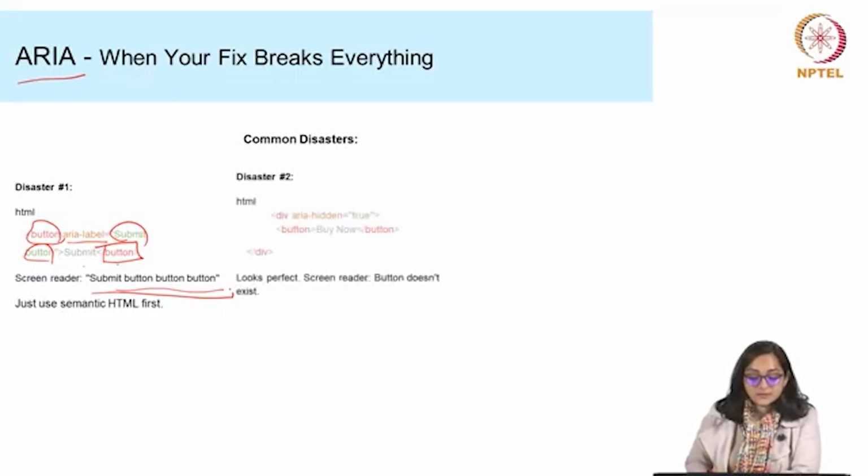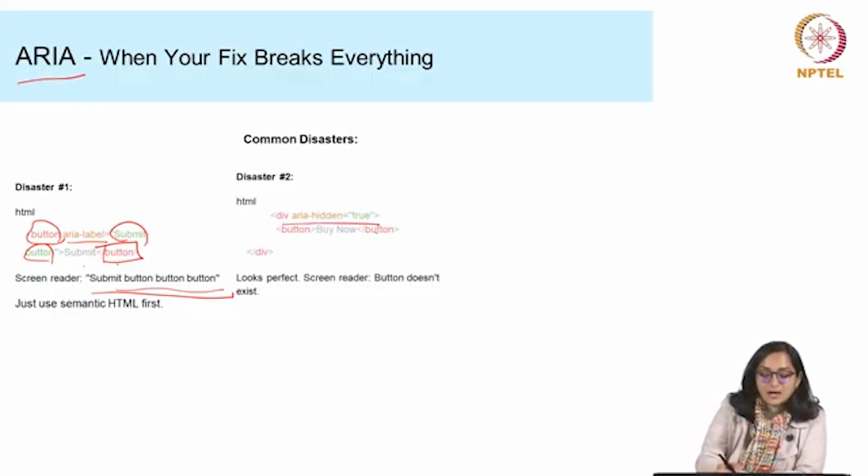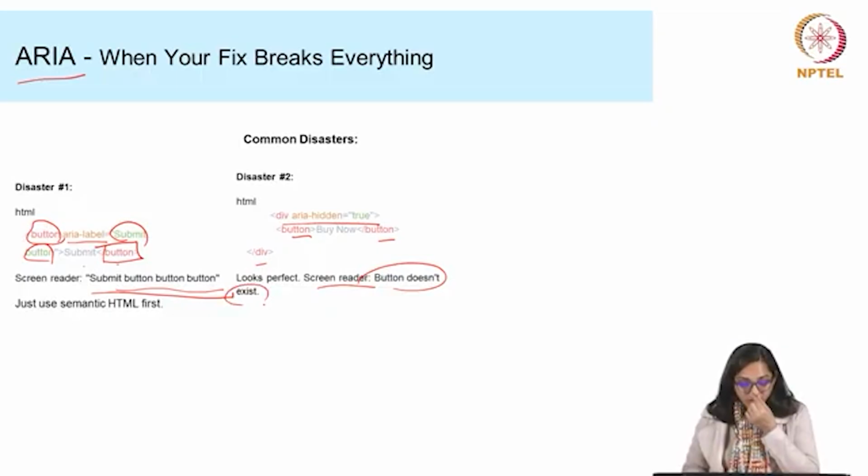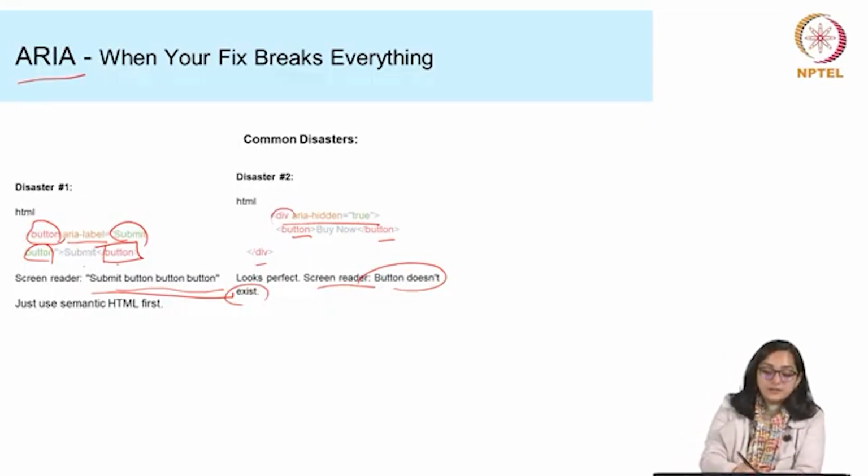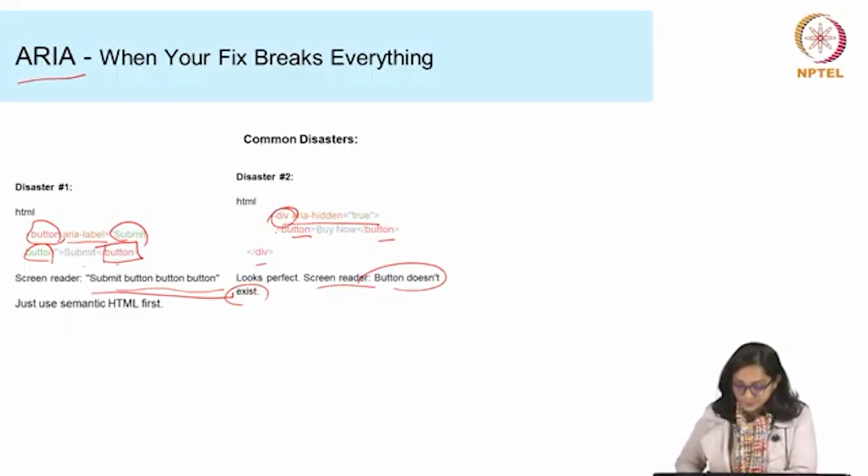The other disaster can be aria-hidden true on a button. Then it's "Buy now" and looks perfect. But the screen reader says the button does not exist, because for the screen reader you have not added the ARIA button label.